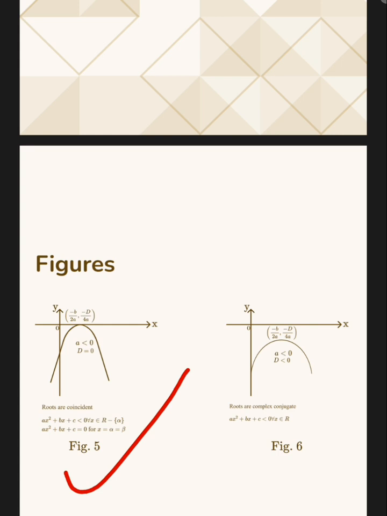In both cases, we will find the discriminant, that is b square minus 4ac. If a is positive and D is positive, then the roots are real and distinct, and we will get an upward parabola. In similar cases, we will continue with this, and we will get these 6 different cases for the graph of a parabola.